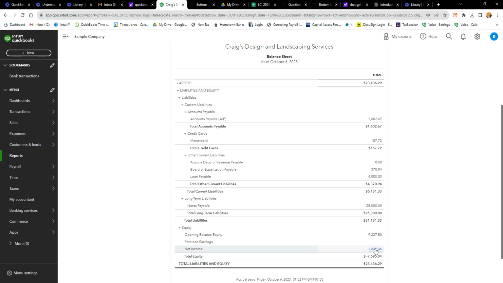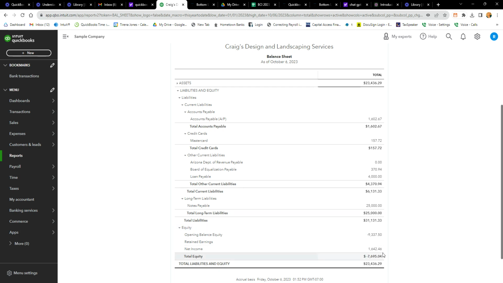So think about this in terms of your house, right? So it's really easy to understand. If I were looking at a balance sheet for my personal residence, my house would be an asset, right? And then my mortgage would be a liability, and the difference would be my equity in the house. Now, we're not talking market value. Let's just say purely what you paid for it minus what you still owe on it.